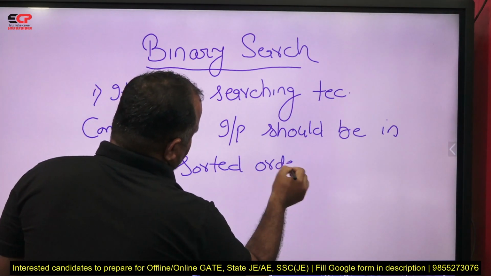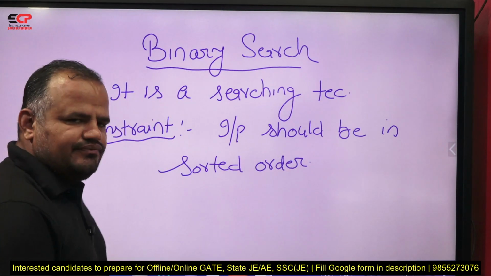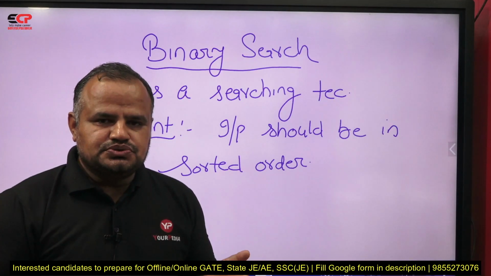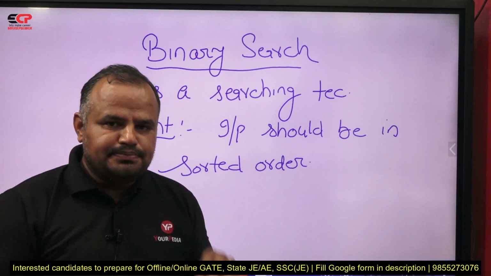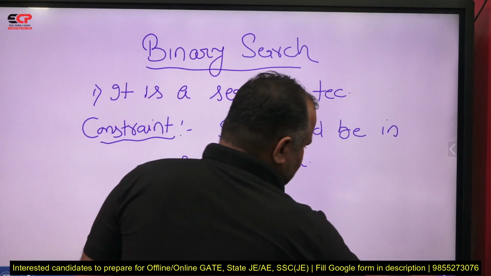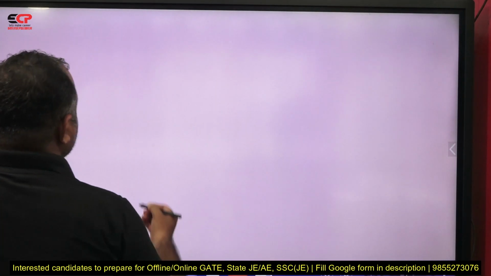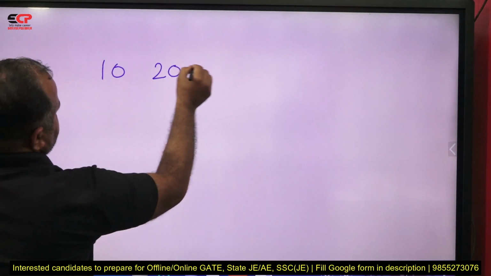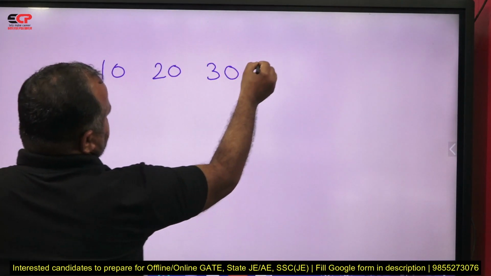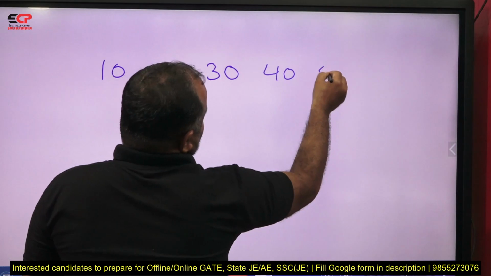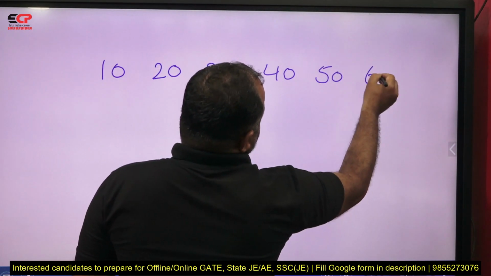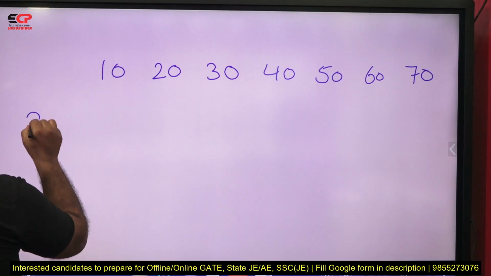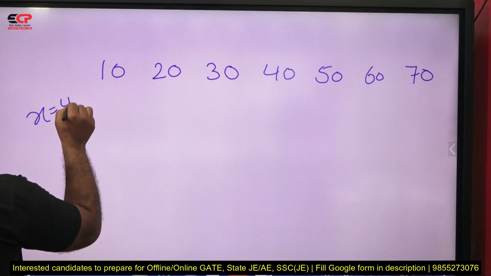Fine. So now if we want to search something where input is sorted, then how does binary search behave? Suppose we have an input 10, 20, 30, 40, 50, 60 and 70. And suppose we want to search for an element, that is 40.